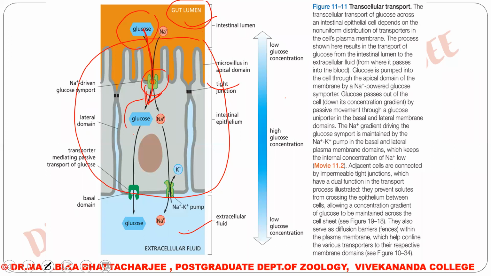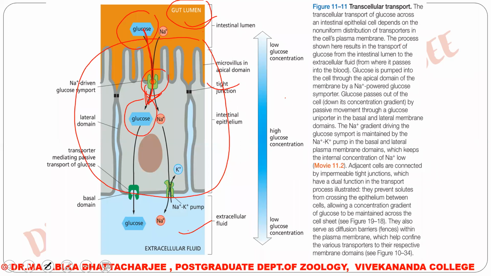In the cytoplasm, glucose is present. This is the intestinal epithelial cell. Now, glucose again needs to travel to the extracellular fluid because glucose needs to pass to different cells of the body. That is the basic raw material from which you can get ATP.